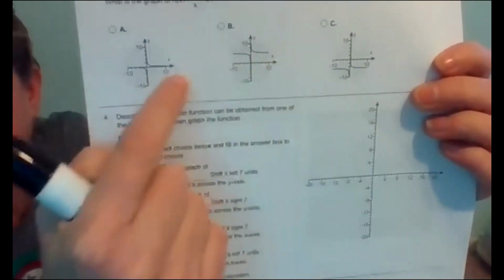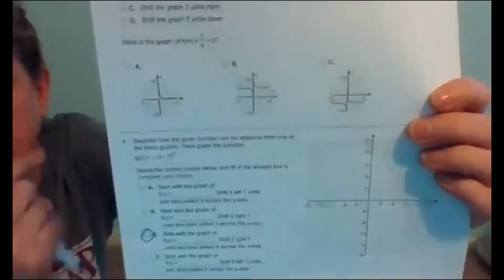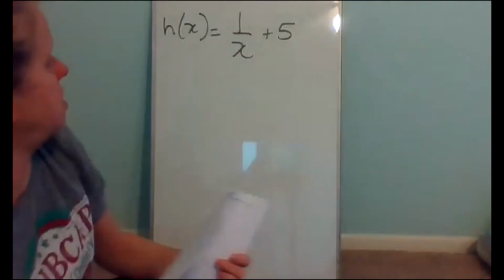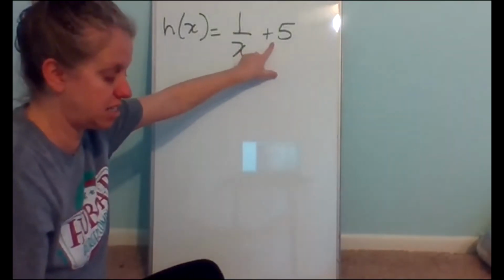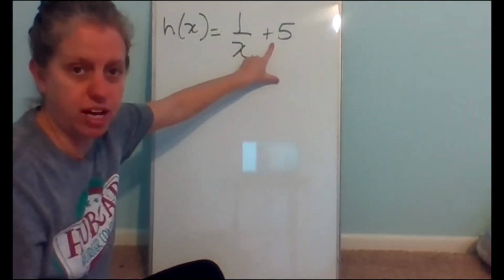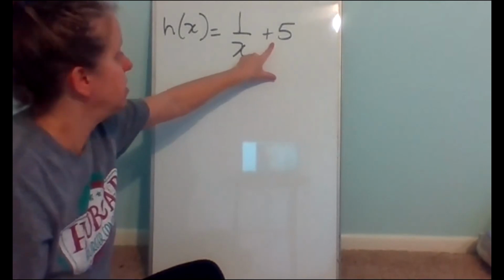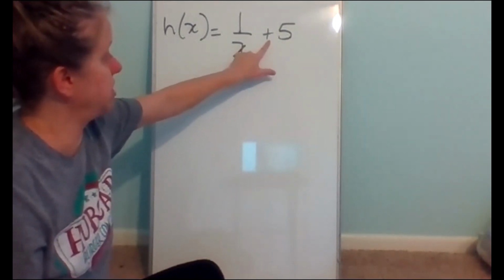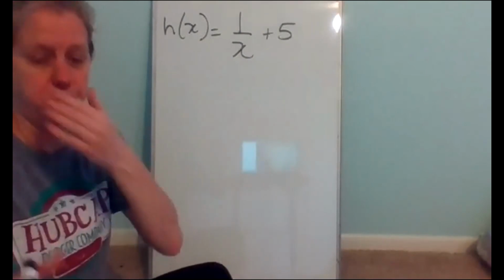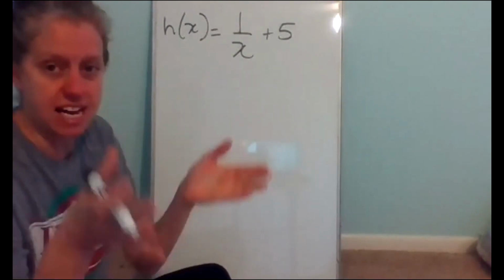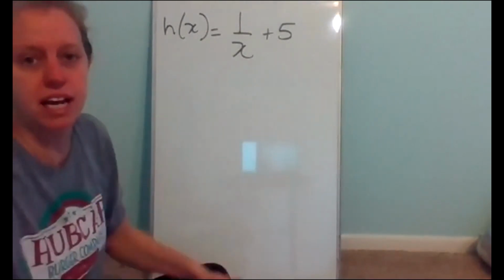Rational functions look like this. I want to know, what is this plus 5 going to do to it? Left or right? Is that an inside or outside number? It's not inside anything, which means it's outside, so it's going up or down.